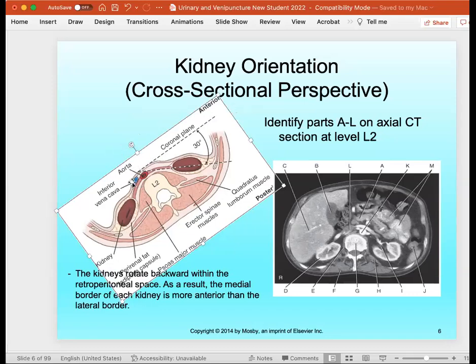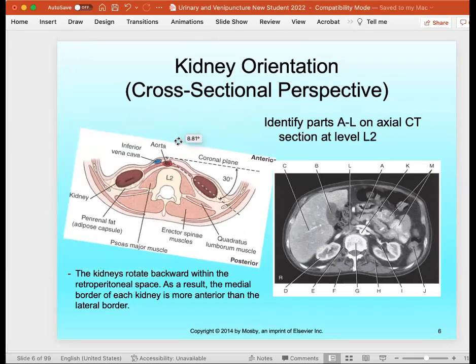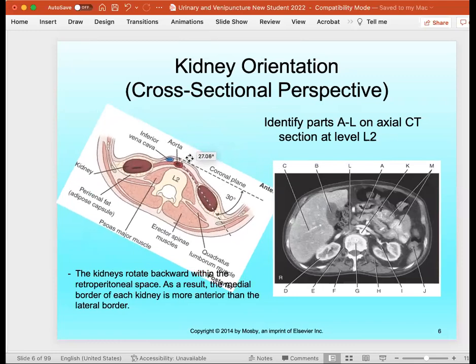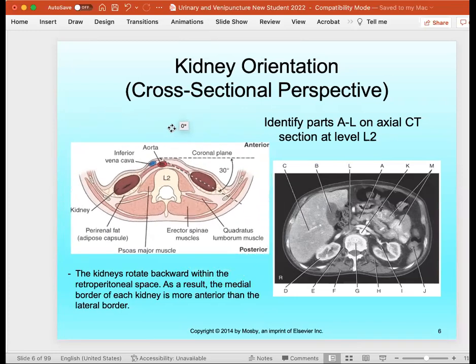If we wanted to get the opposite side parallel to the image receptor, we have to rotate those 30 degrees to make the upside kidney parallel to the image receptor. Otherwise, you're not visualizing the kidneys in a true AP view because they're angled backwards.